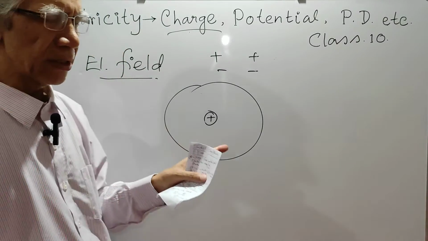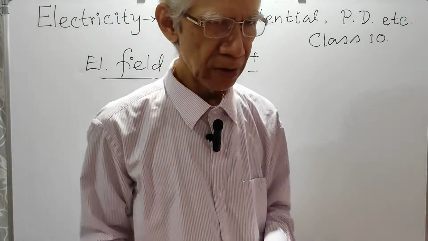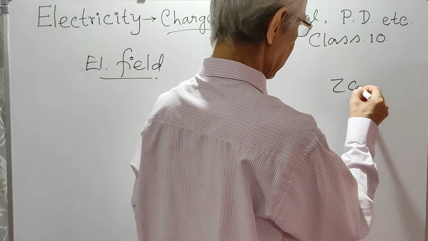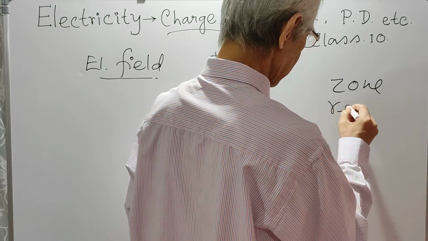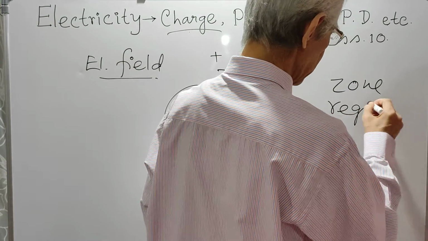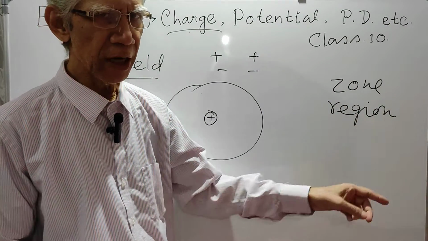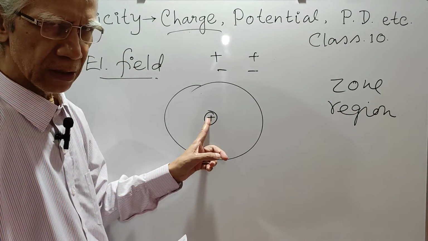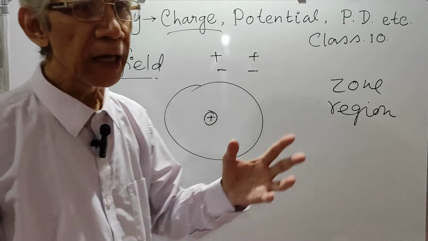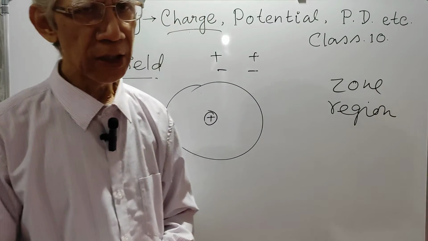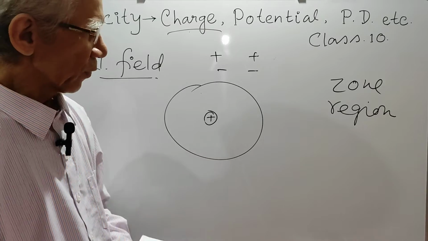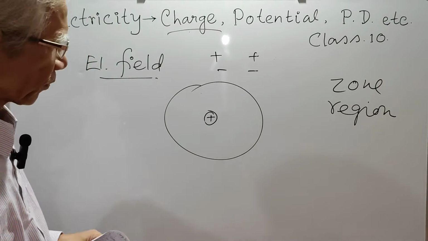So electric field is the zone or space, region. You can use these words. So electric field is the zone or region or space around a charged body, inside which the charged body can attract or repel another charged body. All right. So that is electric field.